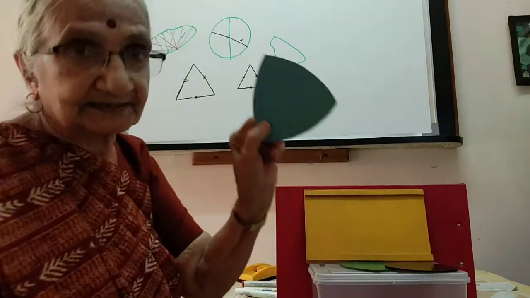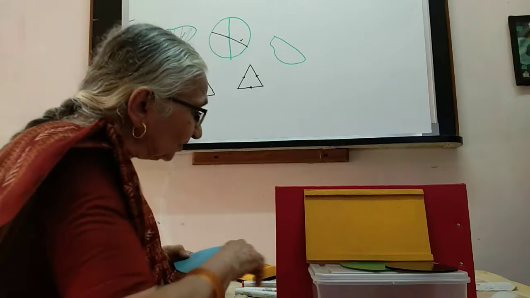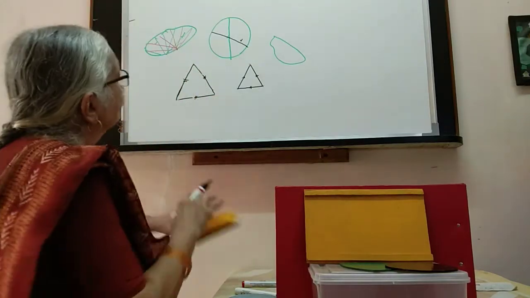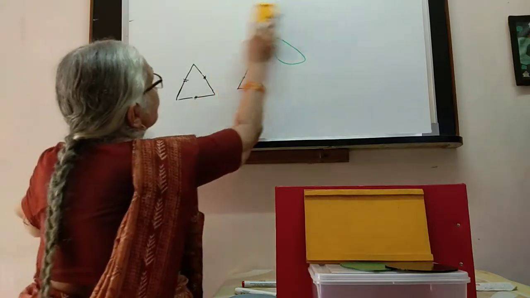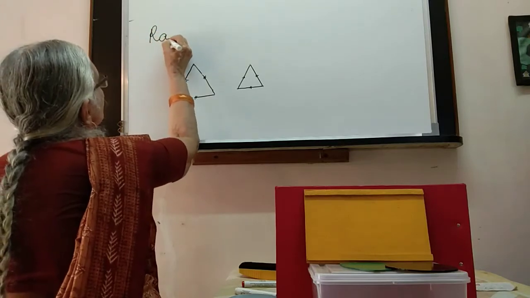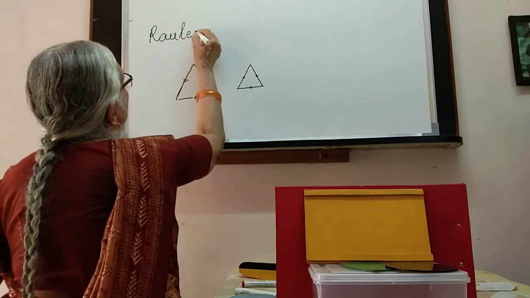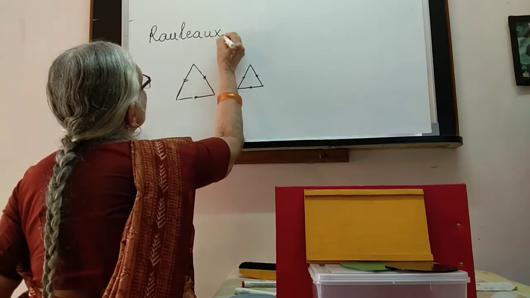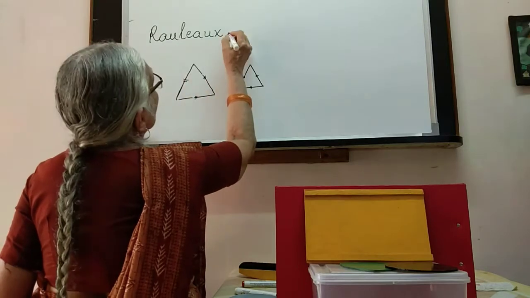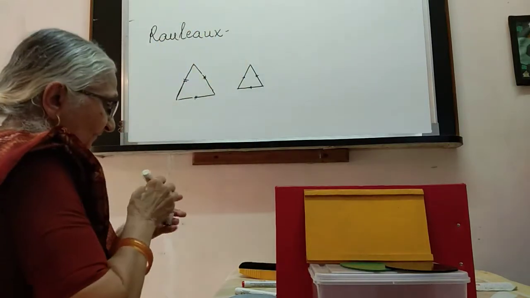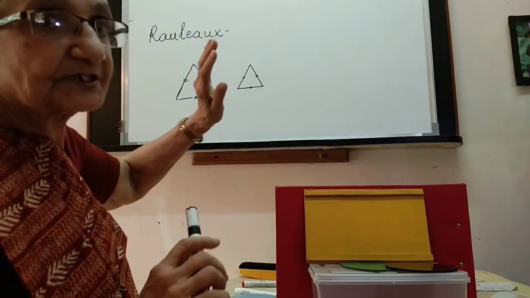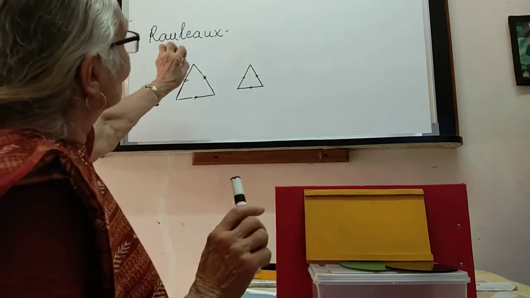Here is another figure. It is called Roulette Triangle, and it is a French name, French mathematician, and so the pronunciation is not very easy to make out from the spelling.